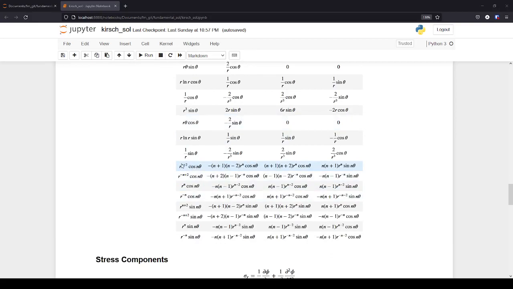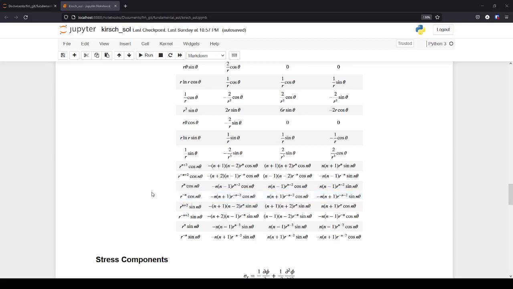So if I put n equal to 2, I will see that cosine 2 theta appears here as well as here, and for tau r theta, sine 2 theta appears here. So I'm going to select those terms which yield what I want at infinity. These are not the terms which are suitable. The only suitable terms are these 4 rows here, which are suitable for my Airy stress function.